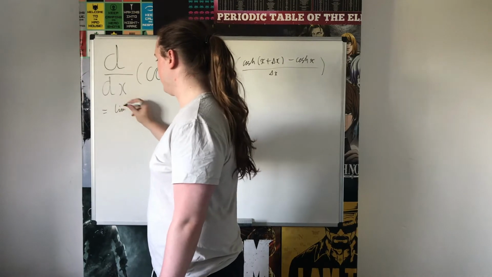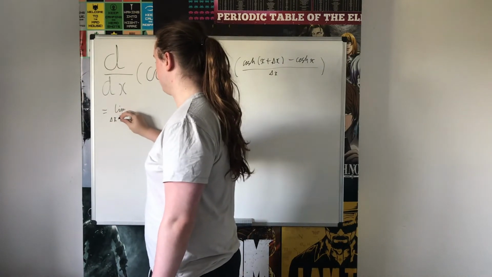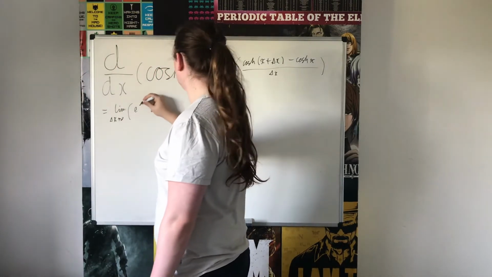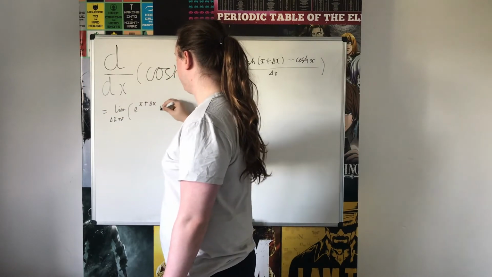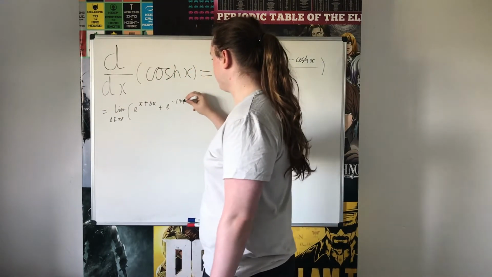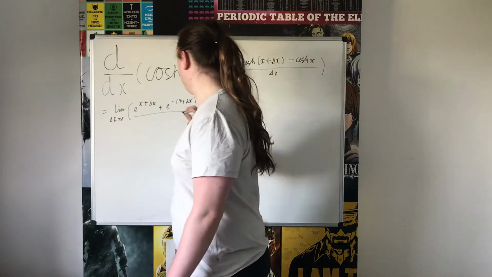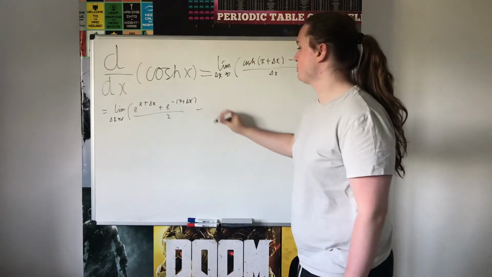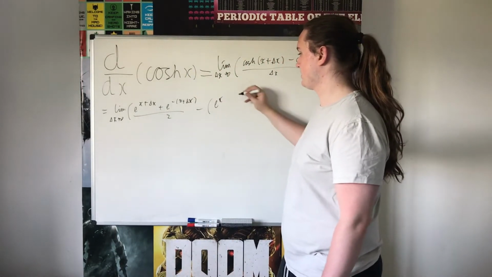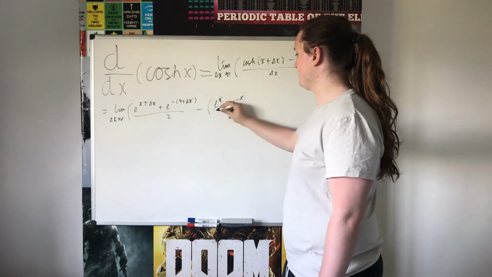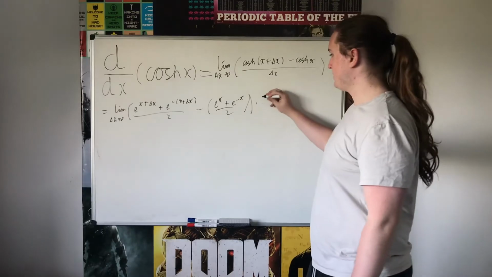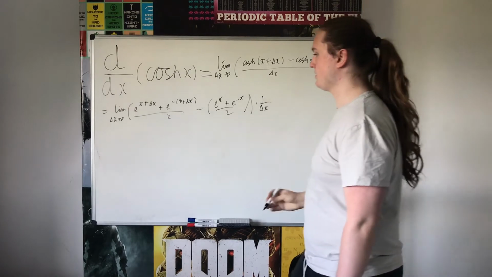So this becomes the limit as delta x approaches 0 of e to the x plus delta x plus e to the minus x plus delta x over 2, subtract e to the x plus e to the minus x over 2, and then this is multiplied by 1 over delta x.